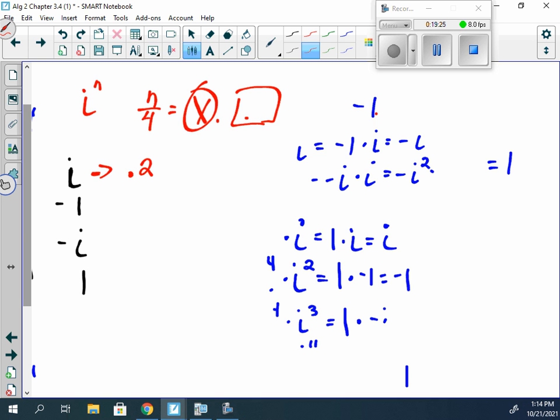Now, if the decimal, when we divide, is 0.25, it means that this reduces to i. If the decimal works out to be 0.50, it will reduce to -1. If the decimal works out to be 0.75, it would be -i. And what do we think the decimal for the last one's going to be?